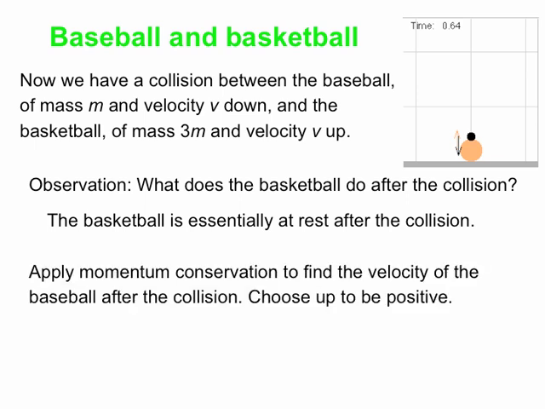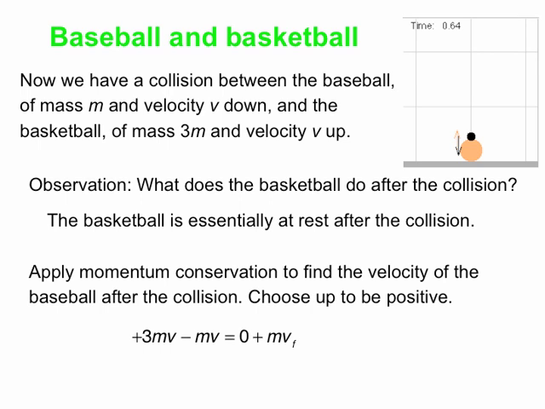But let's just use our observational skills and do it. The fact that the basketball's velocity after the collision is 0 simplifies our momentum conservation equation, because we only have one unknown, the velocity of the baseball after the collision. When we say apply momentum conservation, we mean write down an equation where on the left-hand side you keep track of the momentum in the system before the collision.